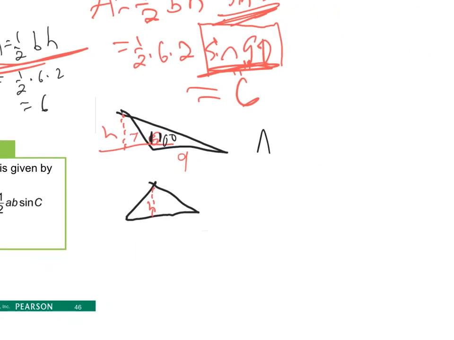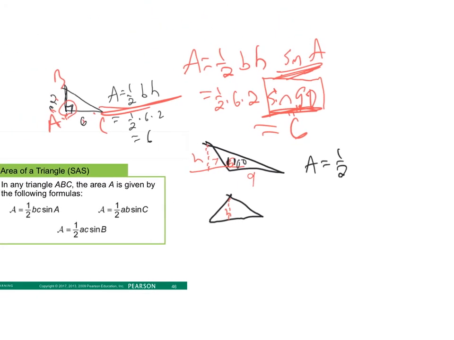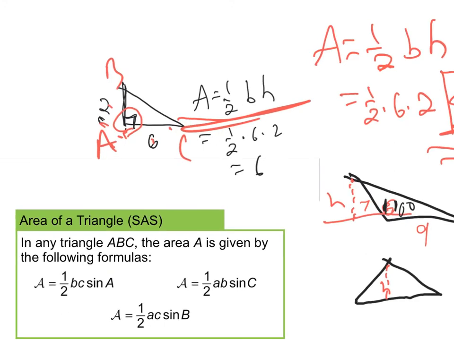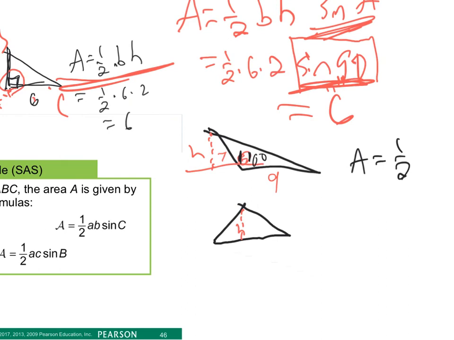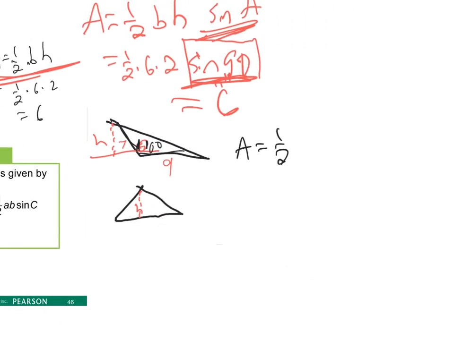So my area now would still be 1/2, but it's not base and height. It was base and height over here because it was a right triangle. But if it's not a right triangle, they're just two separate legs. So what looks like it could have been a base is not really a base. What looked like it could have been a height is not really a height. But it's still the two sides that include that angle. It's the angle sandwich. Sine of 110 degrees. We'll find the answer.